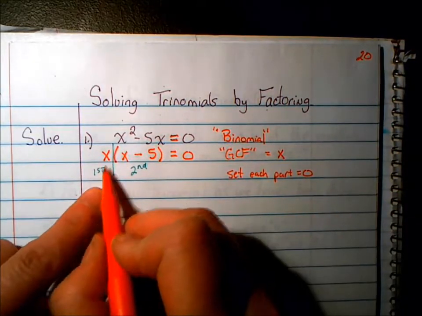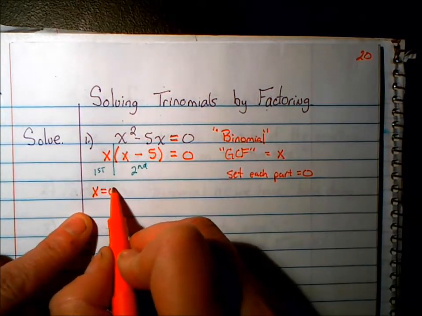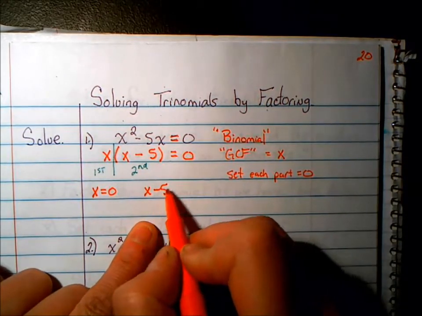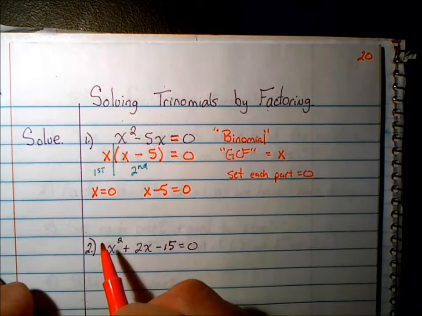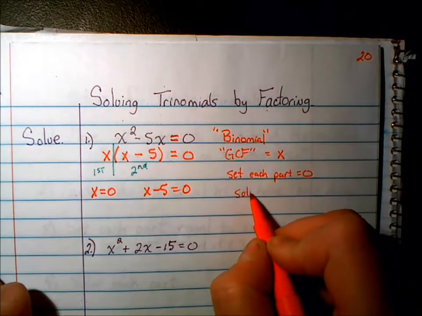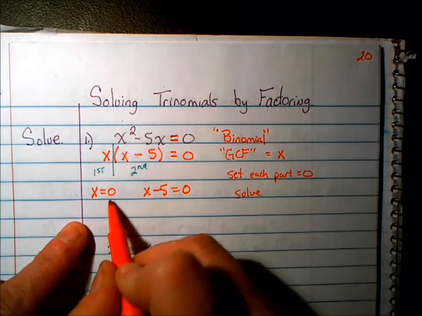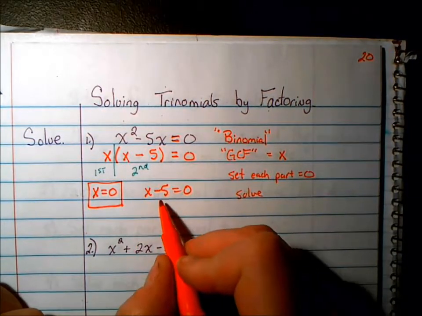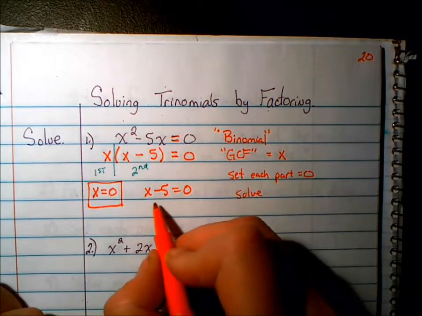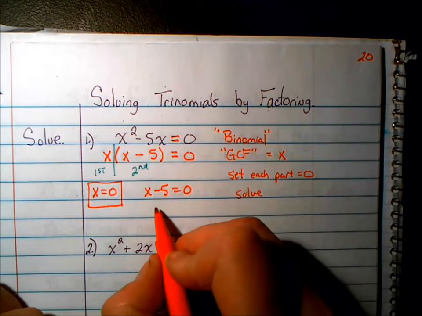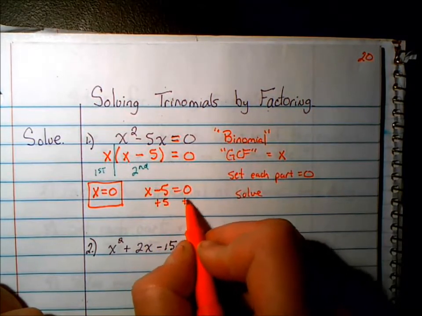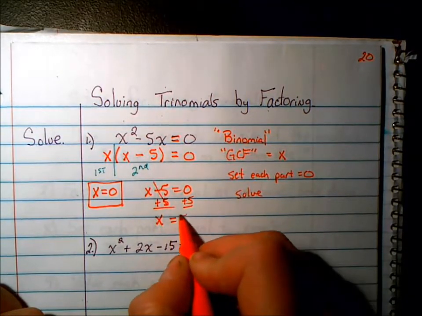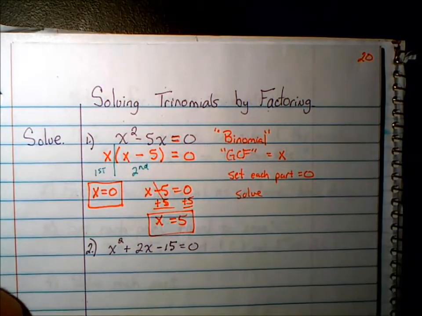So the first one, I'd have x equals 0, and on the second part I'd have x minus 5 equals 0, and then I need to solve. The first one is already solved for me, so this is already one of my answers. On the second one I have a minus 5. I need to isolate the x, so I have to add 5 to each side. Those 5's cancel out, and I have x is equal to 5, and that is my second answer.